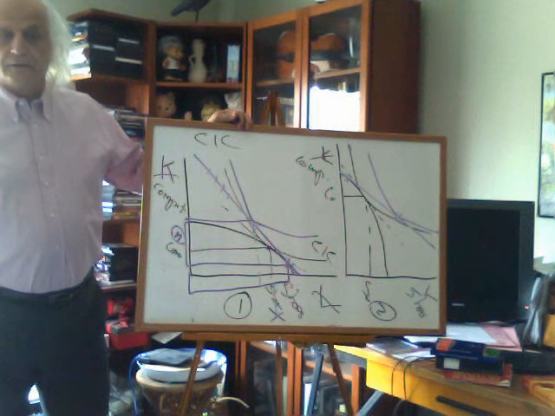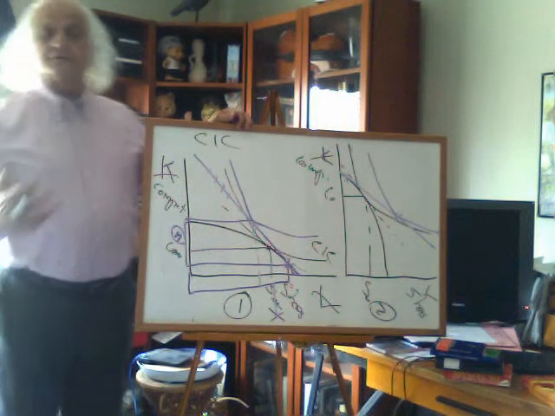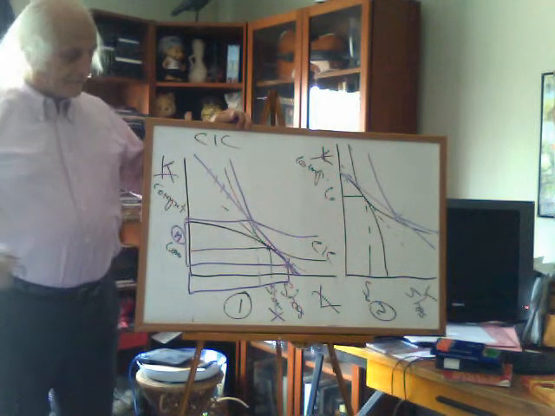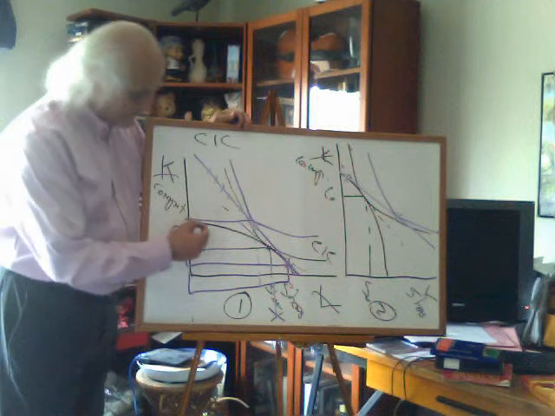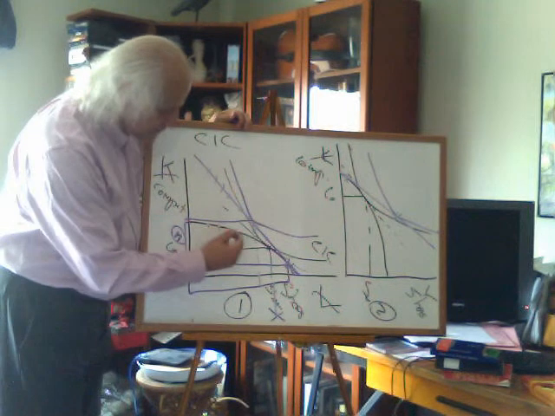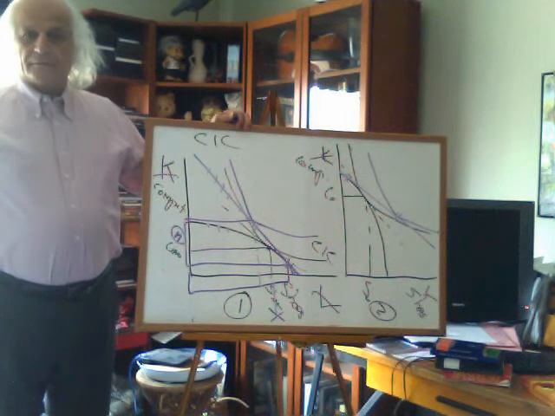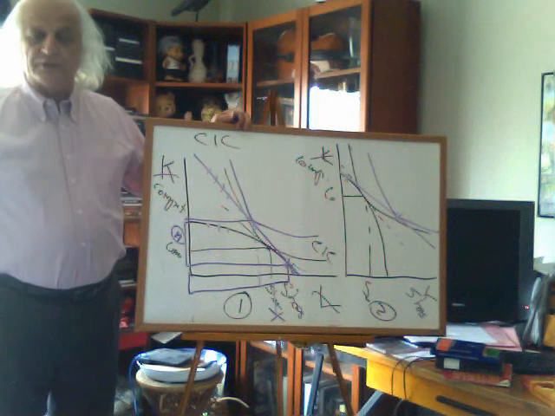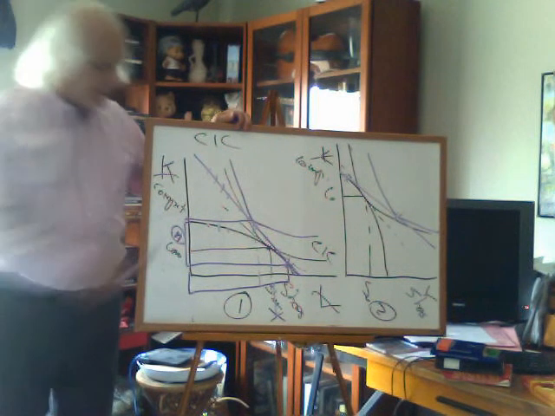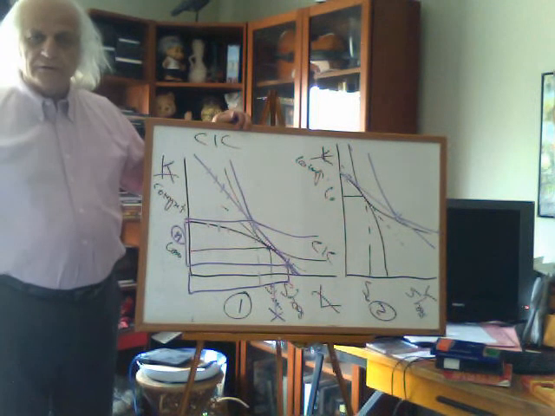Right? Now, the other thing that is very obvious about this, number one, that the production possibility curve right now shows increasing returns, increasing opportunity cost.